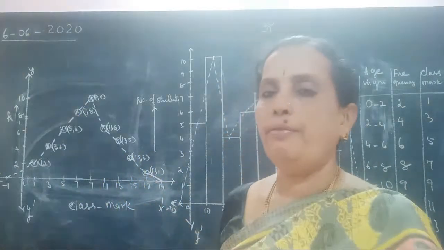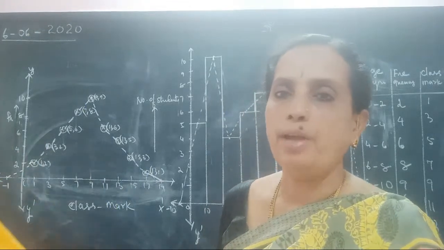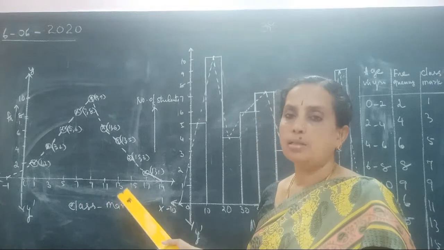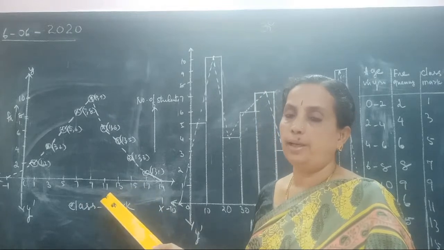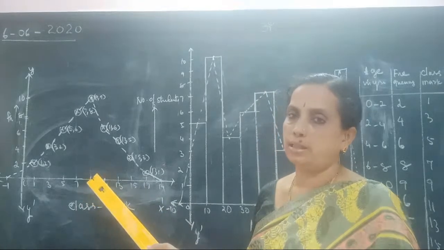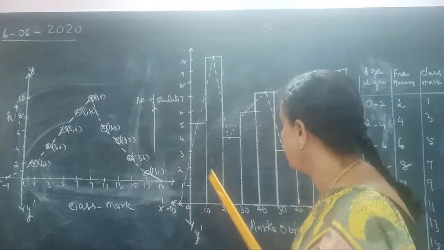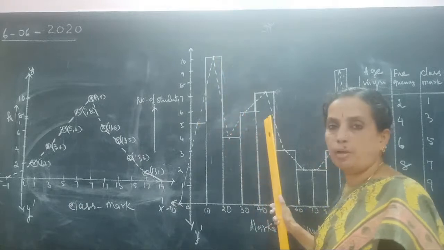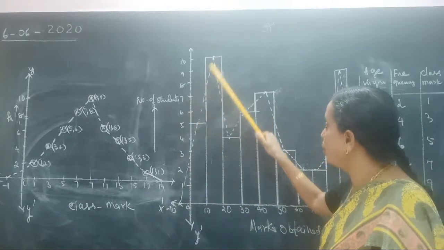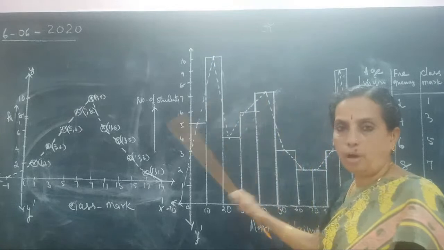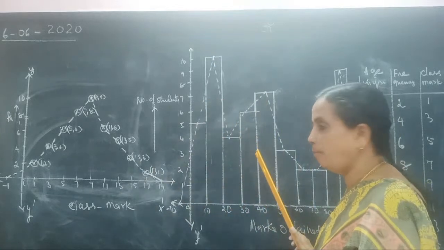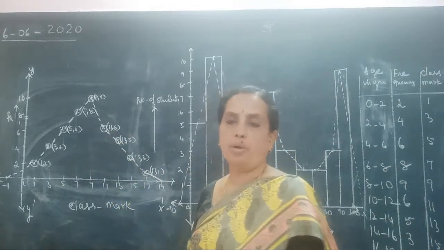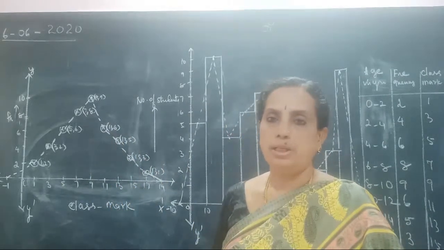When it is only a frequency polygon, we have to consider along the x-axis the class mark of the class interval, that is the mid value of the class interval. When it is a histogram, we mark the mid value in the rectangle boxes, then join it with a dotted line. Got the difference? Is it clear?